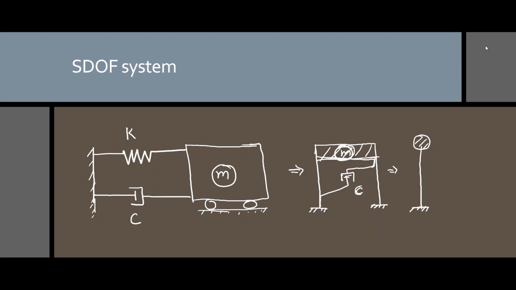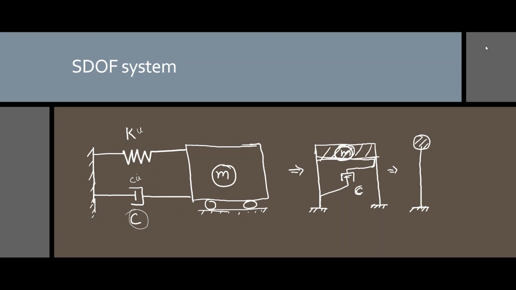We assume that there is a spring and a dashpot system with a mass, so we say a mass dashpot system. This is the coefficient of friction with the velocity; it gives the damping force, and the spring with the displacement gives the spring force or restoring force. And this is the mass.